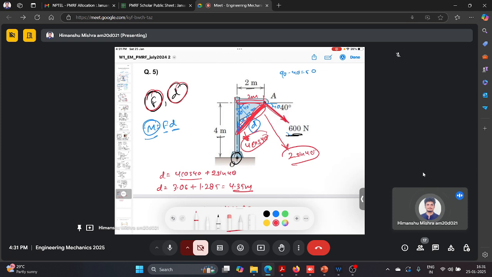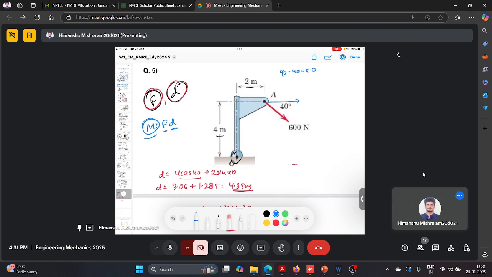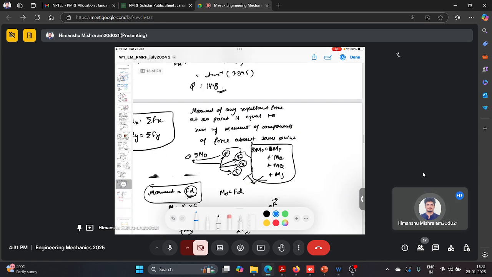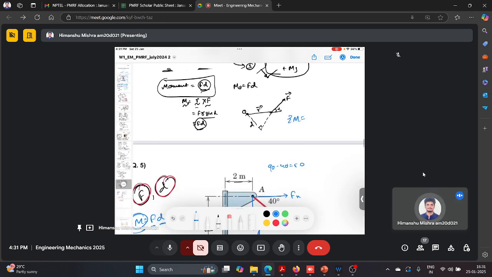Now there is another method you can follow. If you don't want to use the trigonometry relations rigorously, you are already given a force of 600 Newton at an angle of 40 degrees, so you create the components of force. Let's say you define the components Fx and Fy of this force. Now you can use the Varignon theorem, which says that the summation of moment comes from the summation of moments from each force, Mx plus My.